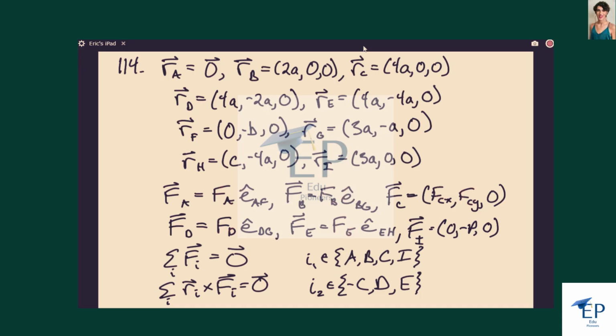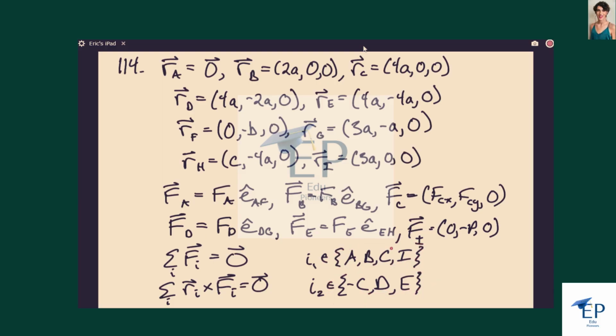So we need to find two sets of force moment balances. So I took A, B, C, and I. So this is the top member, and so I summed the forces and moments on the top member, isolated from the rest of the body. And then I summed the forces on the vertical member. So this was the horizontal member, the vertical member.